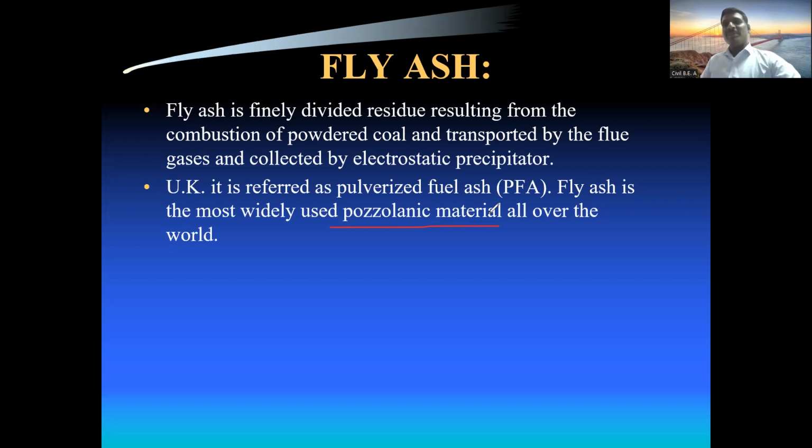Two types of cement generally we are using: ordinary Portland cement and pozzolanic Portland cement. In this pozzolanic Portland cement we can use the fly ash, and we can reduce the cost of construction by replacing the cement.